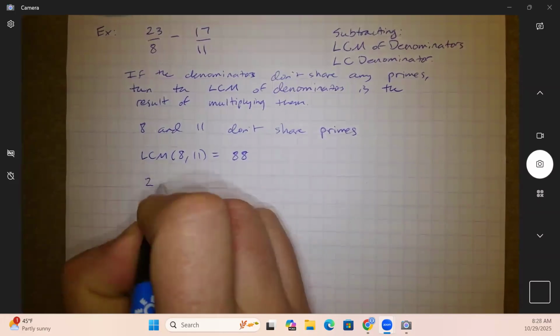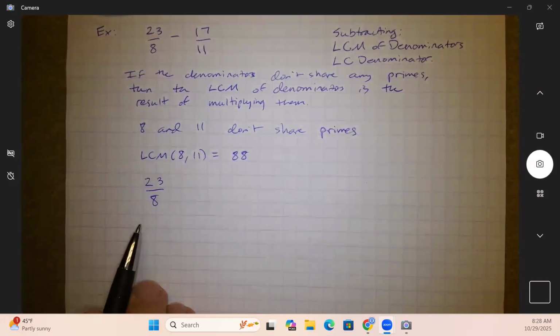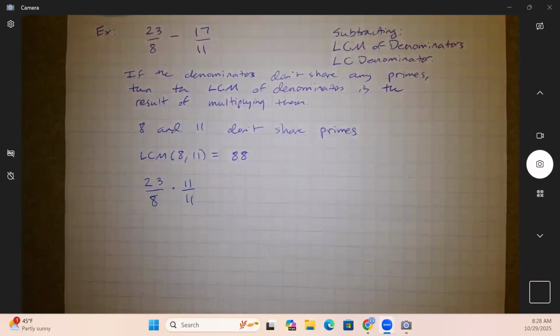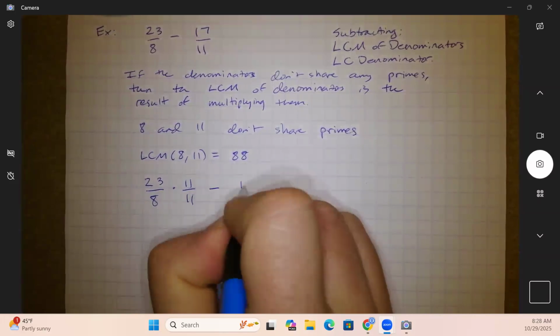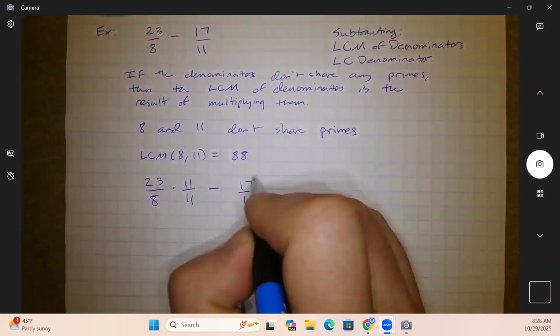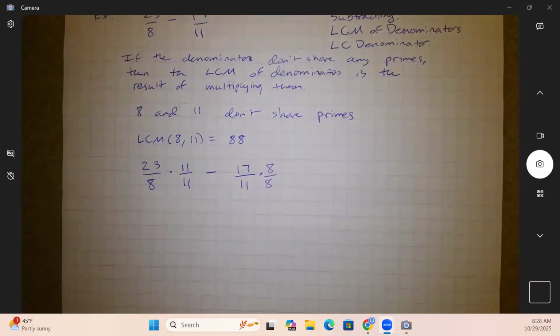So that means that 23 over 8, what's it missing? Right, it's missing the 11, so it's missing 11 over 11. And 17 over 11, what's it missing? The 8. Because that's what's going to get them to have the same denominators.